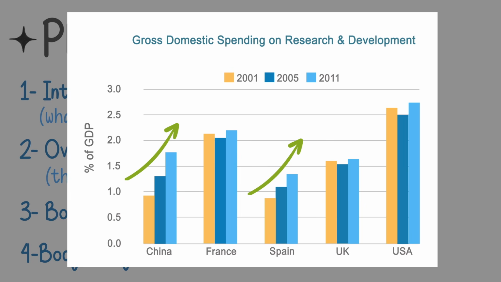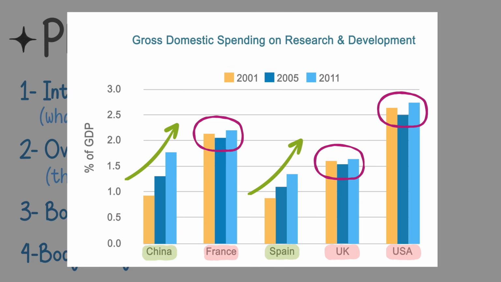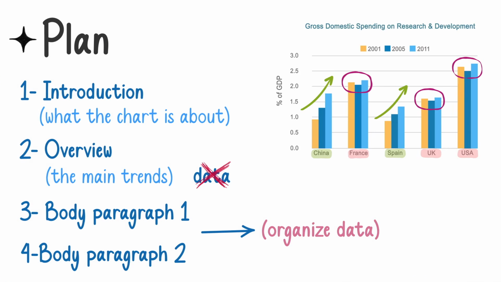All the countries increased from 2001 to 2011, except for the United States, the UK, and France, in which in 2005 there was a slight decrease, all right? But for Spain and China, in all 3 years there was an increase, all right? This is our main trend.